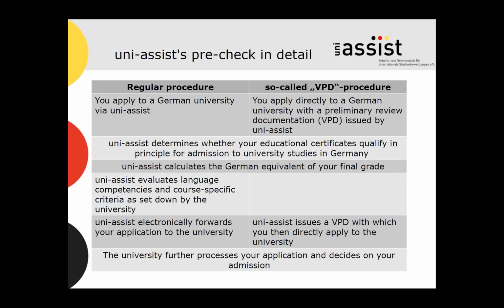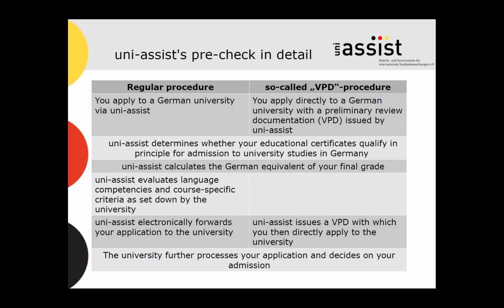Now, the pre-check in detail. There are two procedures. Which procedure is to be followed? The university you are interested in will tell you. There's, on the one hand, the regular procedure, and on the other hand, there's a so-called VPD procedure. They are both slightly different.